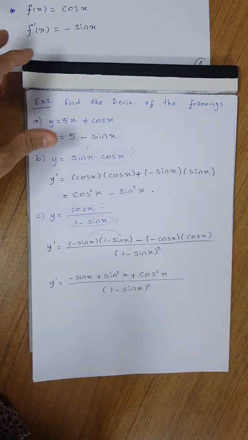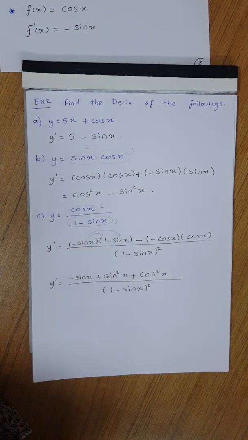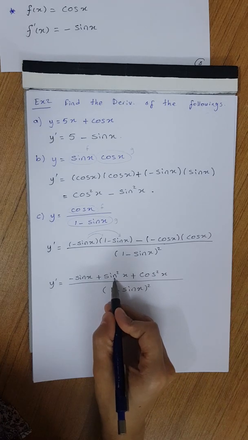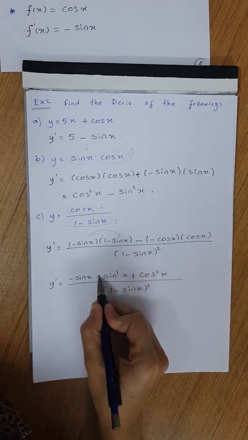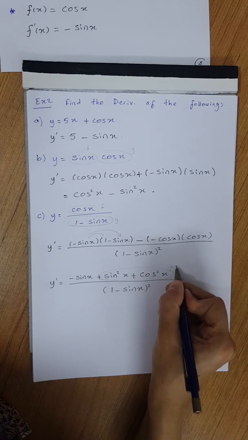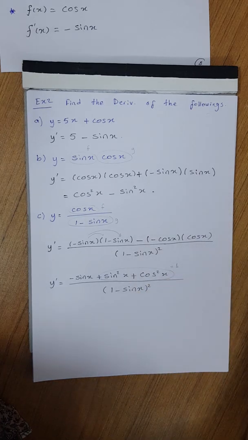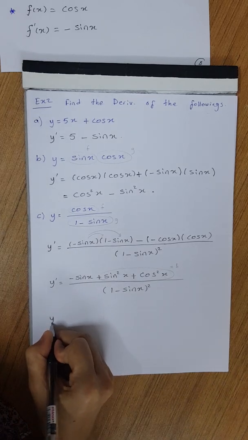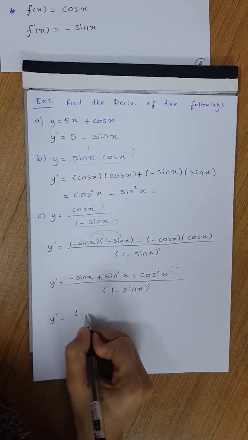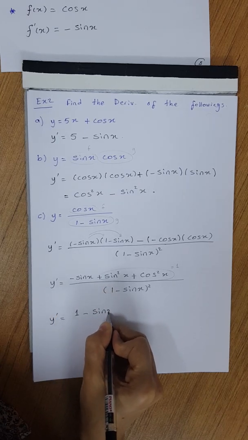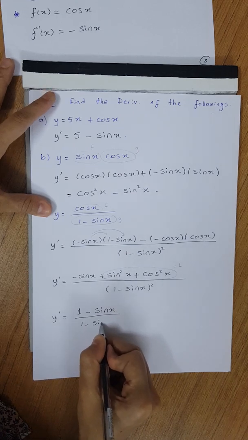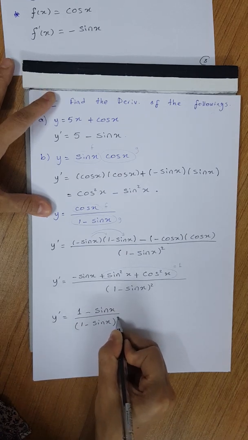Okay, here we have got sine squared of x, cosine squared of x, that bit. We have got a rule, sine squared of x plus cosine squared of x is equal to 1. So this one changed to what? Y prime is equal to 1 minus sine of x all over 1 minus sine of x all squared.